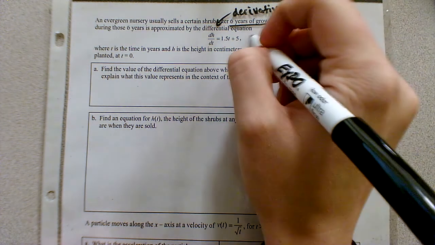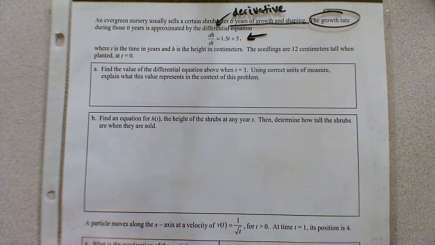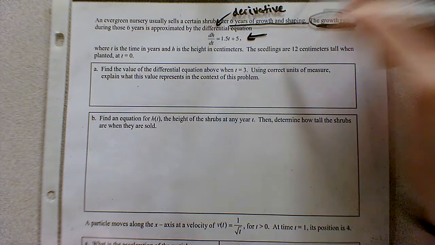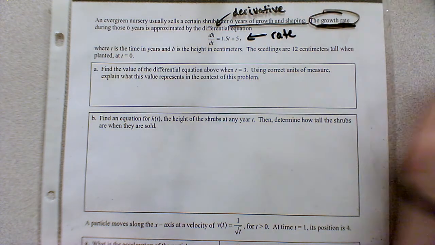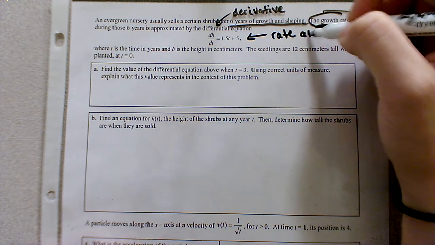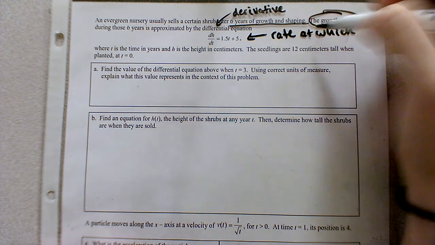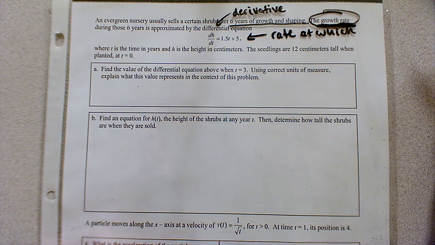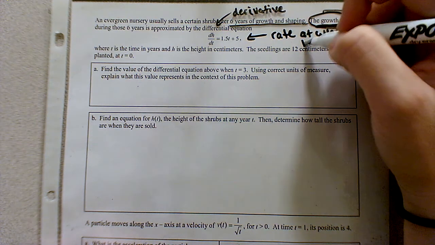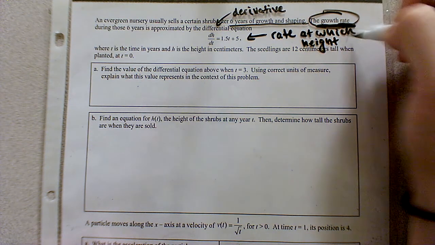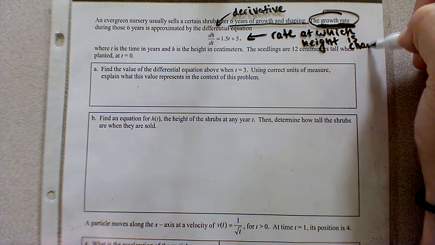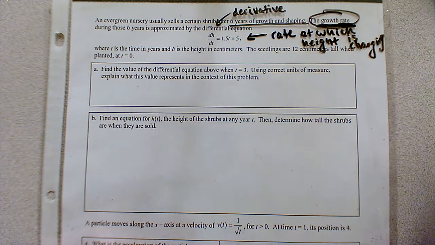So if this is a derivative equation, this is representing a rate, like they told us, and it's specifically the growth rate. So maybe we want to rephrase this as the rate at which height is changing. A different way to rephrase growth rate.